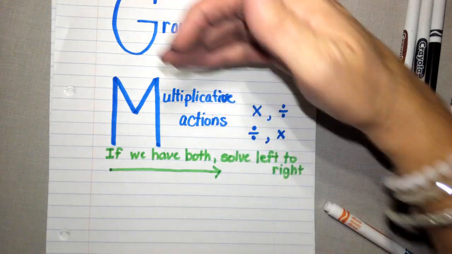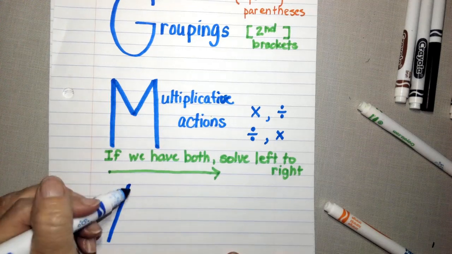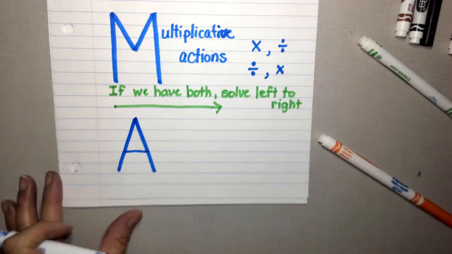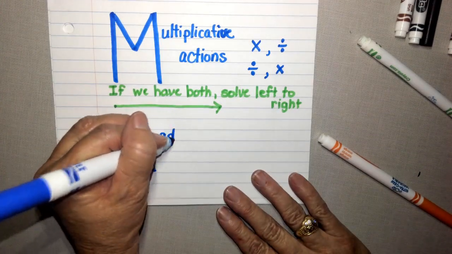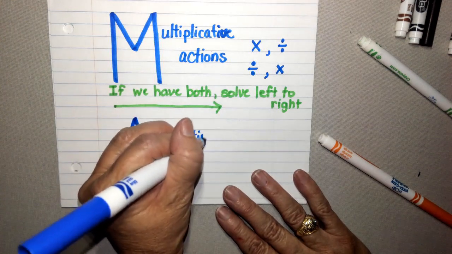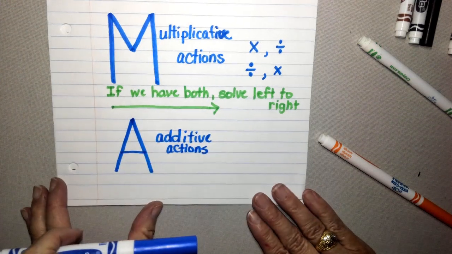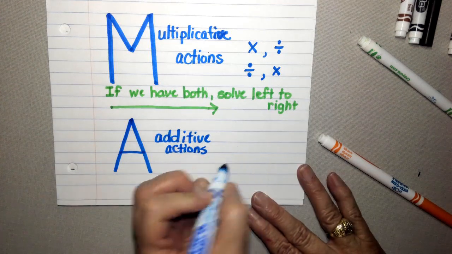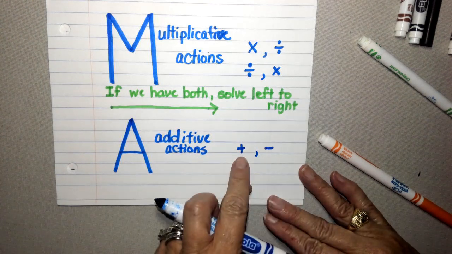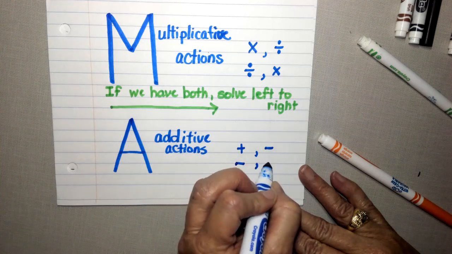And so we've talked about groupings, we've talked about multiplicative actions, and now we need to add additive actions. So what are additive actions? Well, additive actions are any adding or subtracting action. So if we're solving an expression and we see adding come before subtracting, we would solve adding then subtracting, but sometimes we may see subtraction before adding.